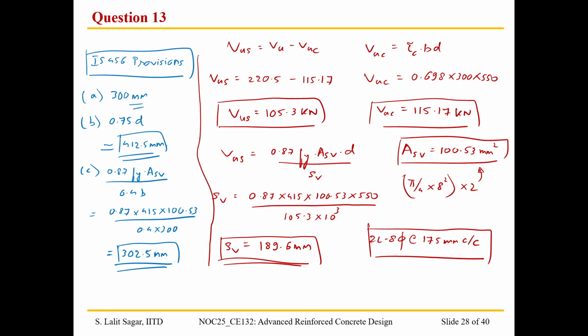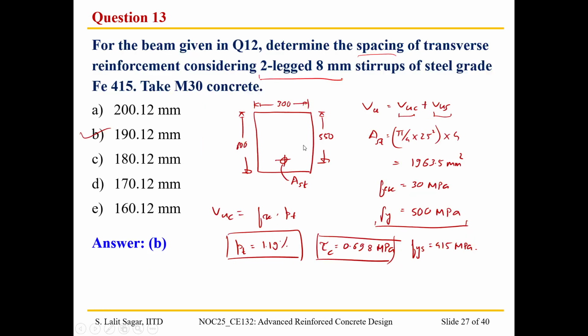And we have from the design this 189.6. So out of these four values, we need to provide the least of these four values. Okay. So on that basis, we can say that option B is the correct response.